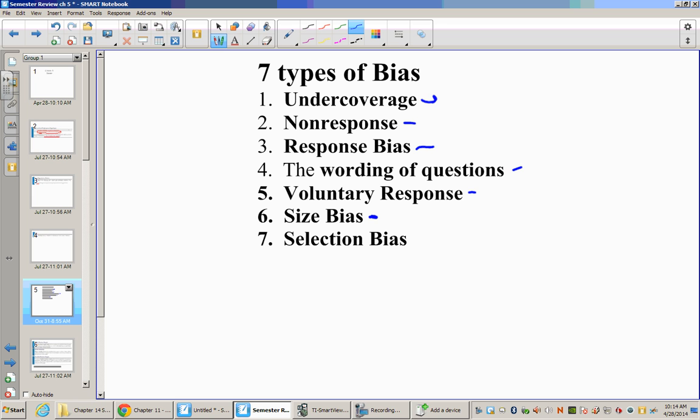This is a pretty rare thing that I've seen, but if somebody takes Alaska, that's a terrible drawing of Alaska, and gives them more votes than say Massachusetts, because Alaska is much bigger, and I should make it bigger than our little Massachusetts. So if you give a place more credit based on their size, that would be size bias. Now, selection bias is if the people you select aren't representative of the entire population.